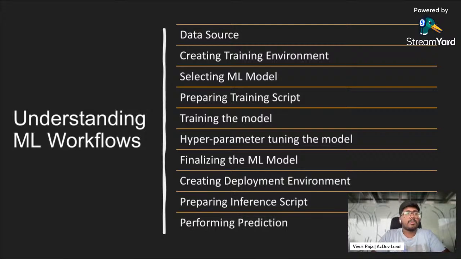The second thing is about creating a training environment. So let's take a step back. Let's assume that you have a Python script or a Jupyter notebook running on your system. What is your training environment? Your training environment is nothing but your own system configuration. For example, my system is running a Mac M1 and it has 8 GB RAM and 128 GB or 256 or 512 or 1 TB of storage and so on.